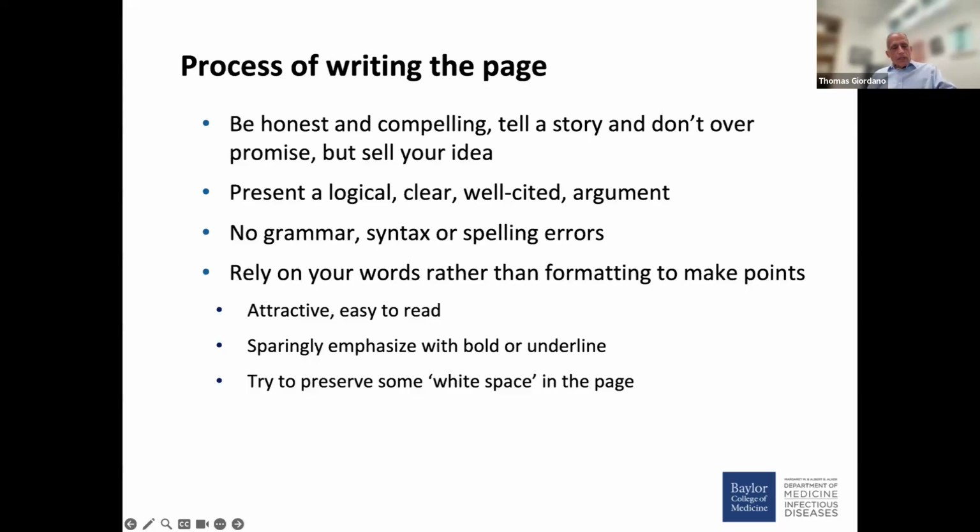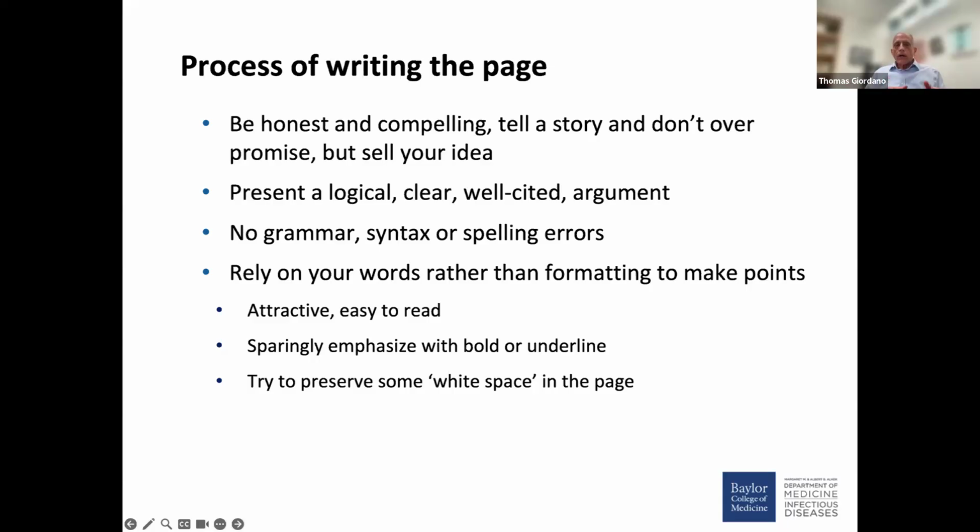The other thing I've seen people do is get too dependent on bolding and underlining and all this stuff in the aims page. Your words should be compelling. Bolding or underlining is okay in a limited scope, so that you can make it easier for reviewers to see and go back and find things.